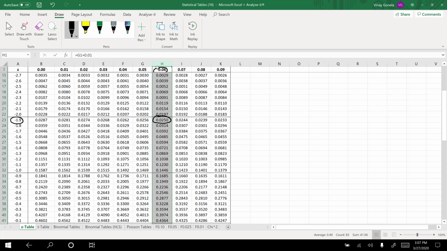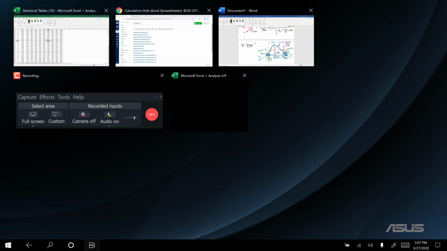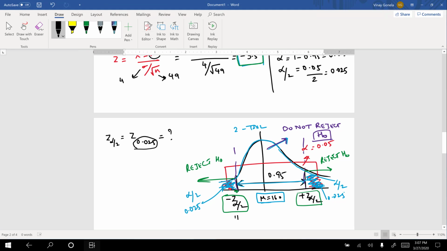So that would be negative 1.96. I will go here to my Word document, and this value is negative 1.96.